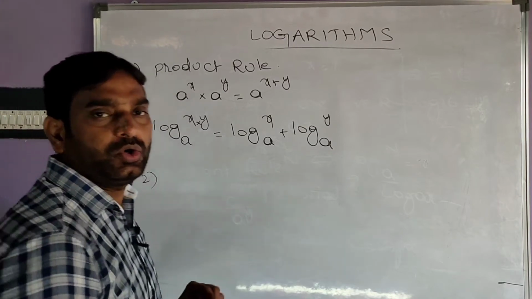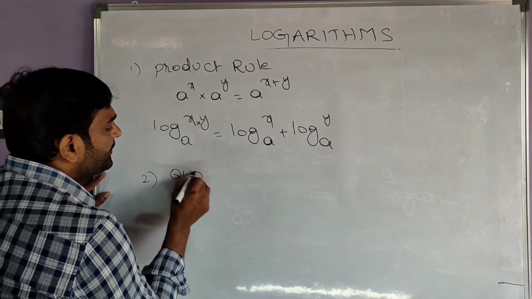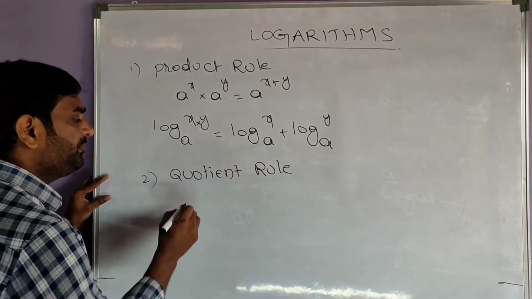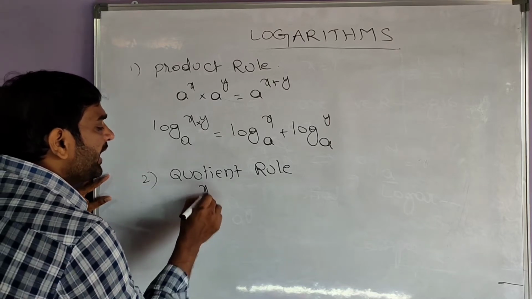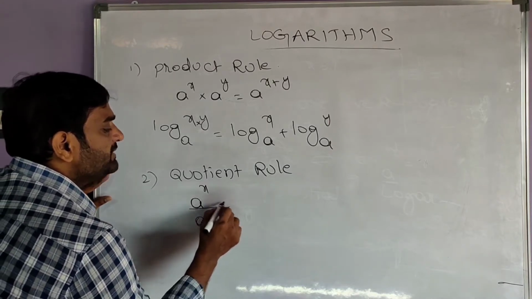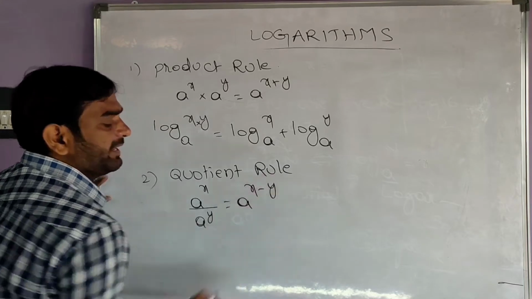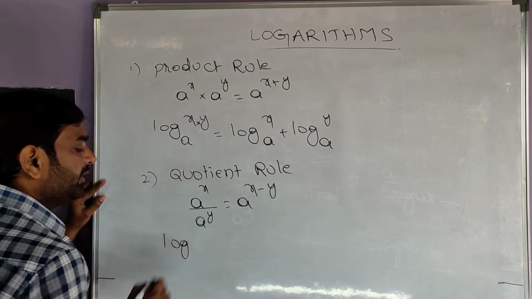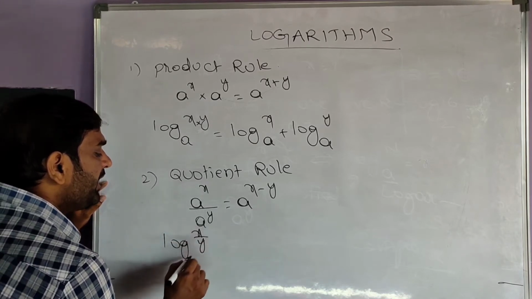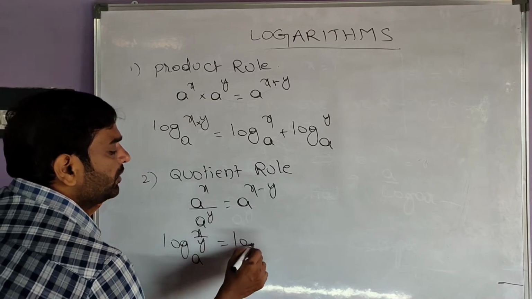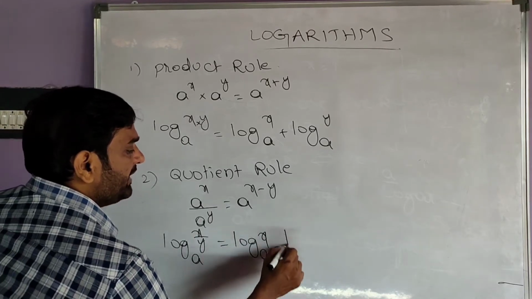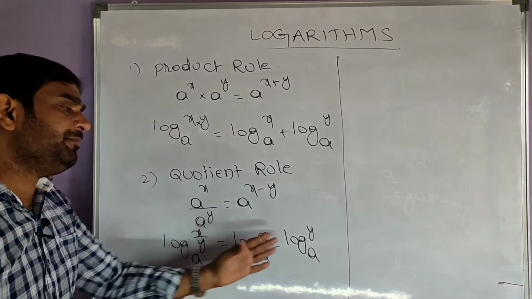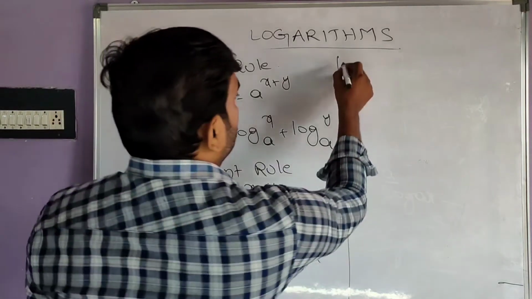Another one is the quotient rule. Here, a power x by a power y is equal to a power of x minus y. If you write in logarithm form, log x by y base a is equal to log x base a minus log y base a.